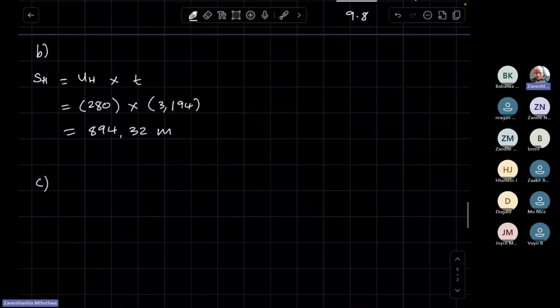So to calculate V, use Pythagoras. So this is the square root of UH squared plus VY squared. Very simple.